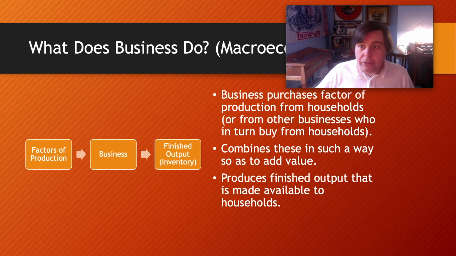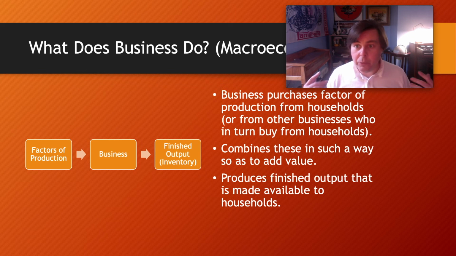So as I say, businesses hire factors of production, and then they convert those factors of production into finished goods and services. So if we recall our circular flow diagram from last time, we have that real input of factors of production for which businesses return the nominal income, wages, interest earned, so on and so forth, and of course produce the real thing of finished goods and services and receive back the nominal payment of revenues.